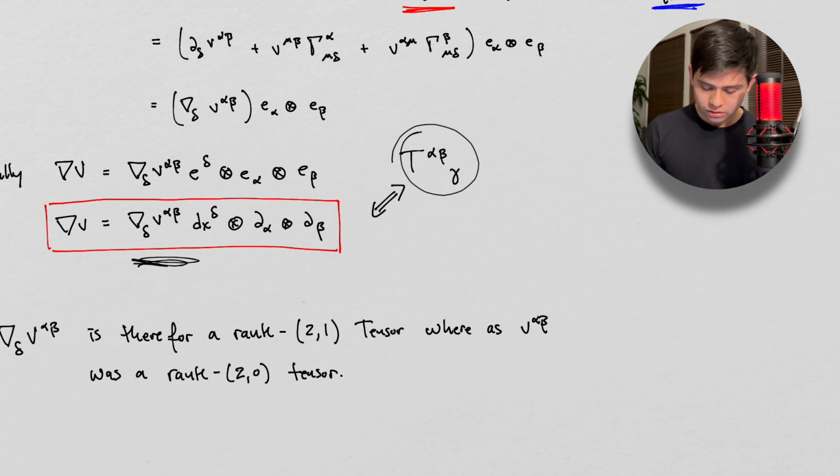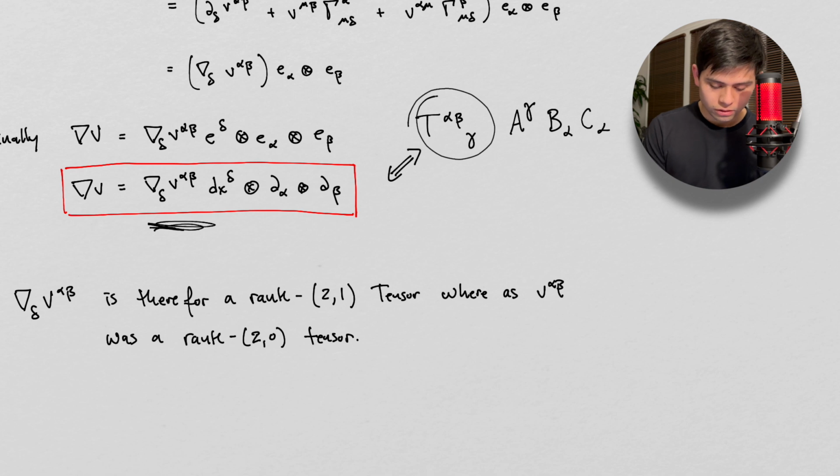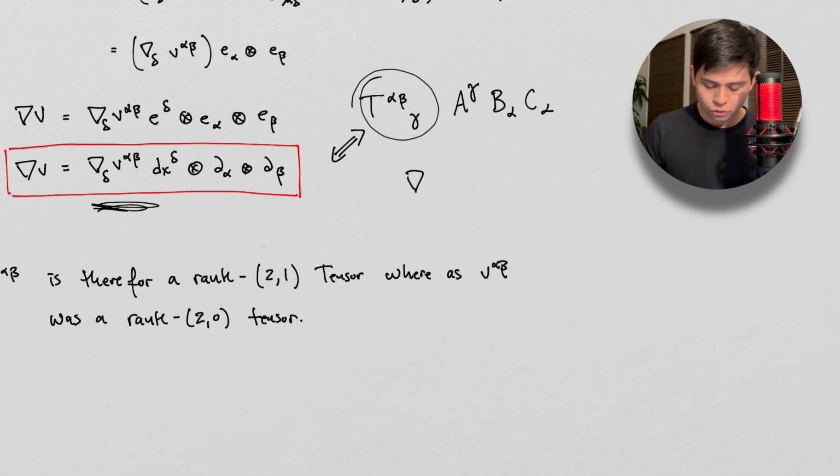What is this thing? It has to take in a vector. It can take in also two covectors. So in order for this object to spit out a number in the context of a rank 2, 0 tensor, we need a space for our rank 2, 0 tensor.